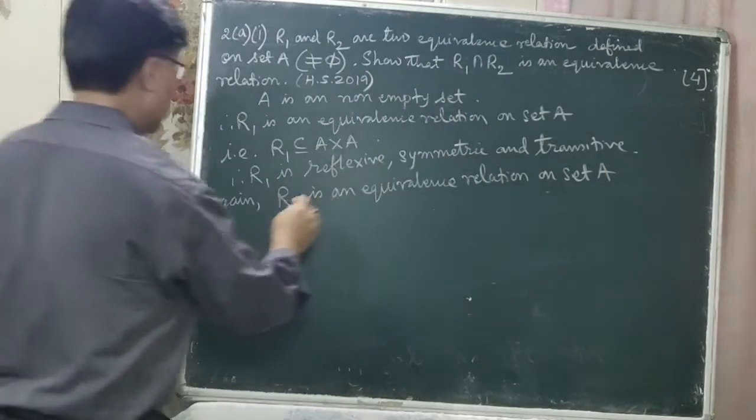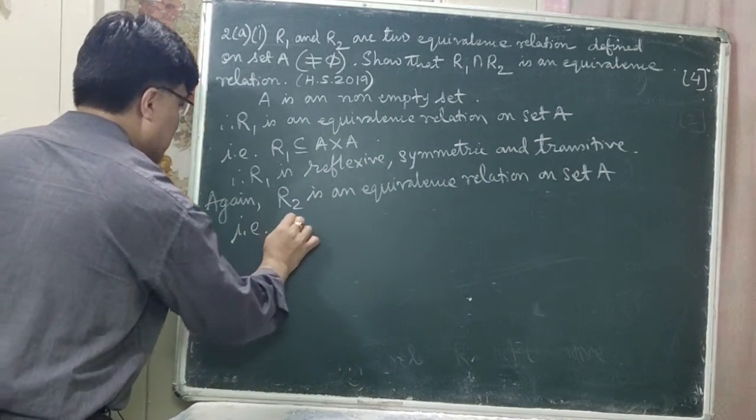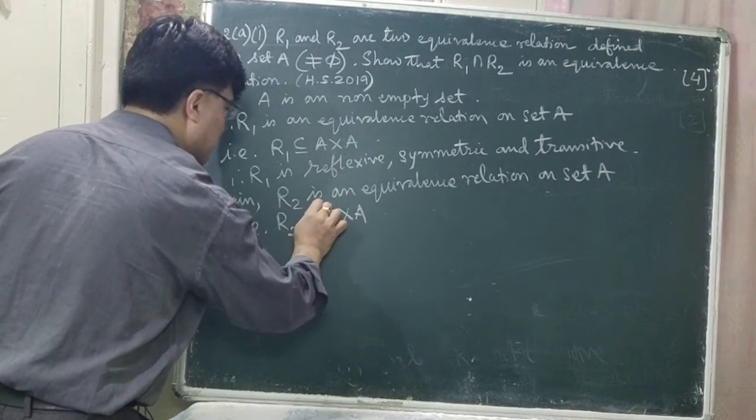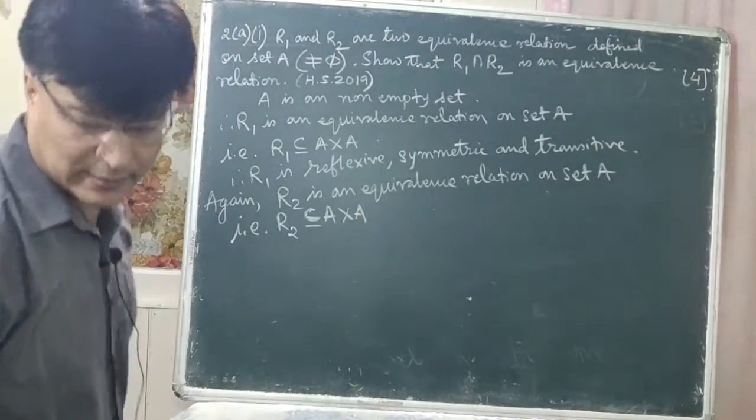So here also what can you write? That is, R2 is a subset of A cross A. This means is a subset of, right?